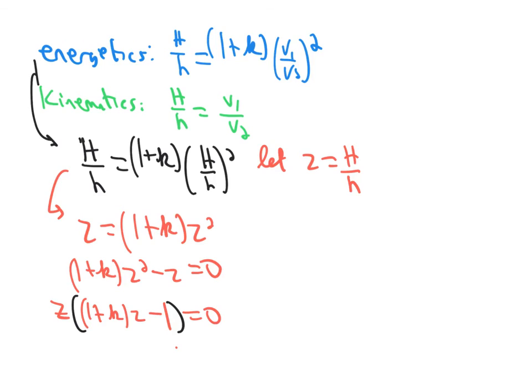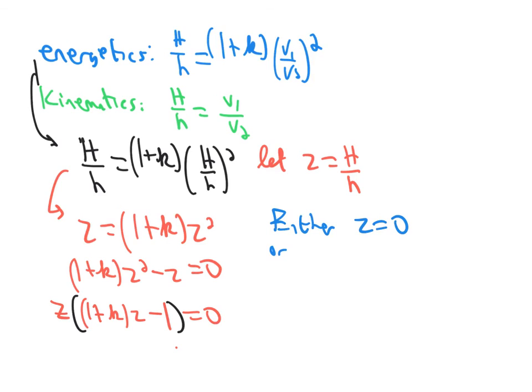When two things multiply to 0, it means that one or both are 0. So either z equals 0, which is weird, but if we drop them from 0 height, then I guess they hit the floor at the same time, so that's technically a solution.